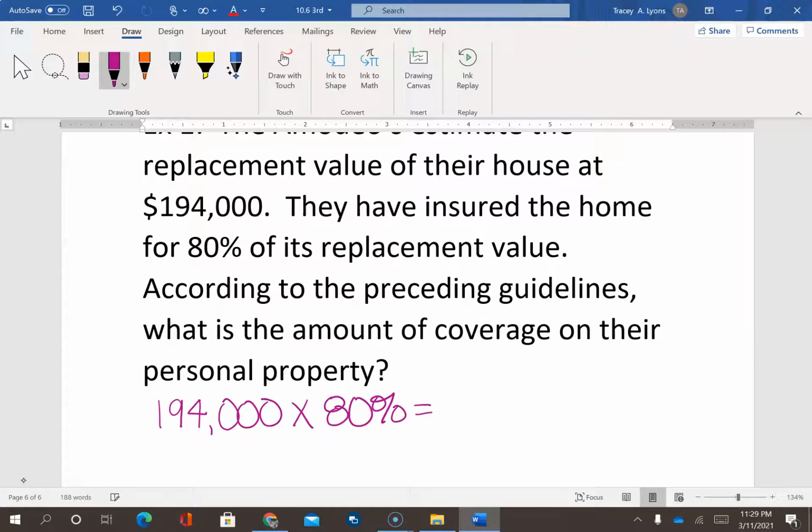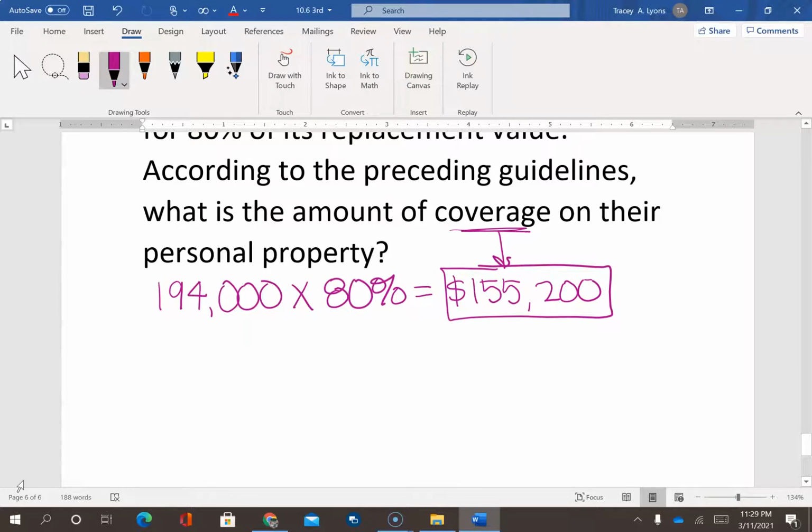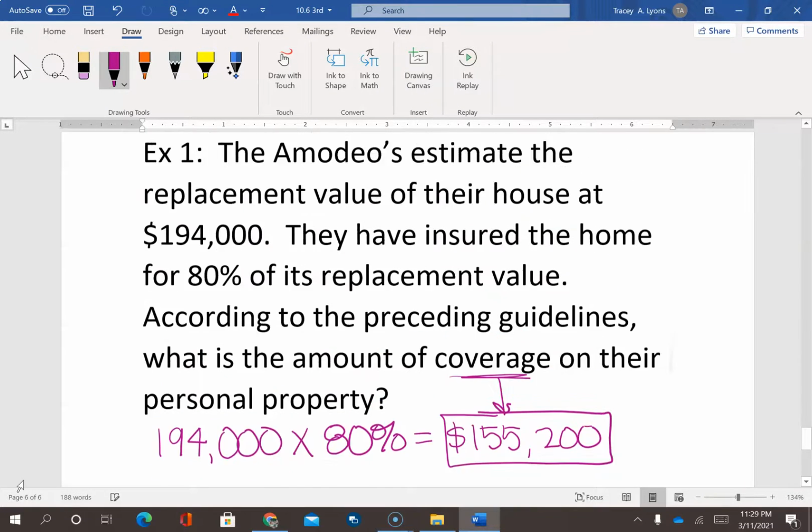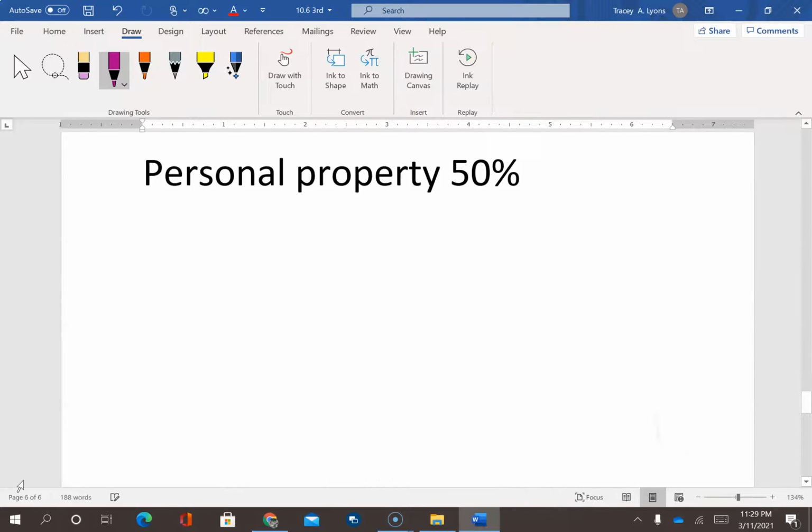So if you take $194,000 times 80%, you get $155,200. And that's the coverage. Now, to actually find the coverage on personal property, we go back up to these percentages above.